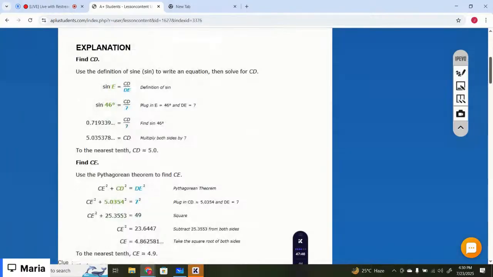So we can do CD equals 7 times sine 46. So CD equals 5.